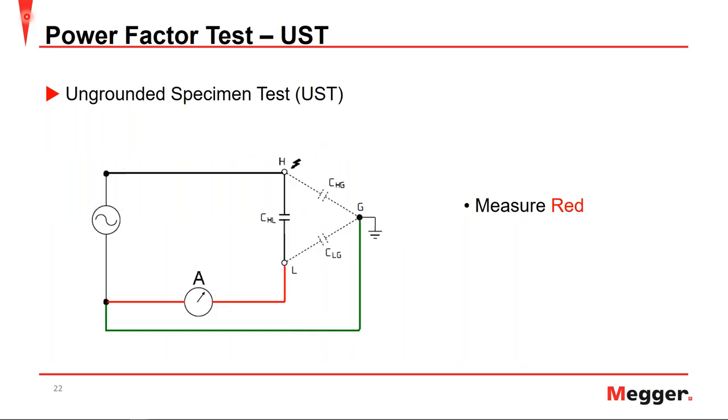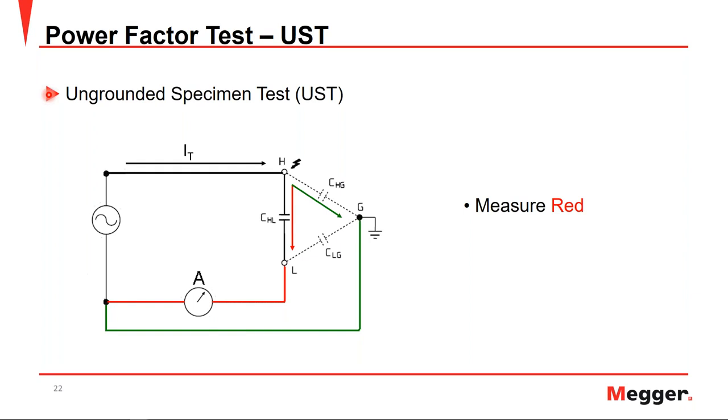First up, we have the ungrounded specimen test, or the UST. In this situation, we have the sine wave, or our applied voltage, on the high side, and we can see the measurement lead in red and the ground shown in green. Taking a look at this, we can see the total injected current is going to split because of the 2 paths between high and low and high and ground.